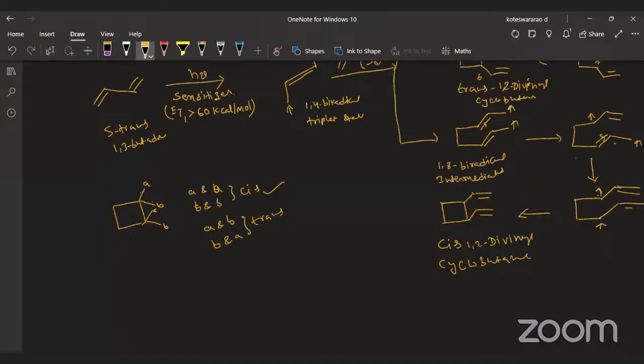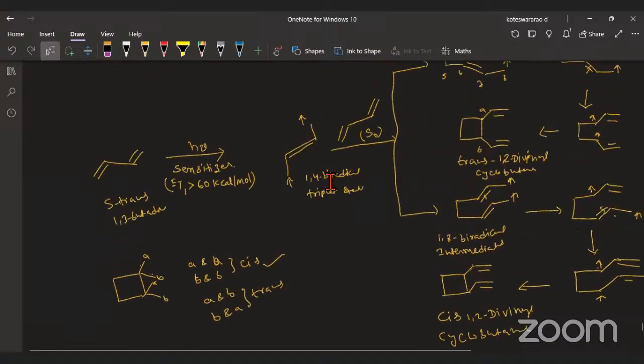Why is this 1,4-biradical shown as trans here? That is the only triplet energy state of the transition state generated in this reaction. Why? We already know that when 1,3-butadiene is taken in a vessel at room temperature, it exists in a 1:20 ratio. 1% is the cis form, 20% is the trans form.